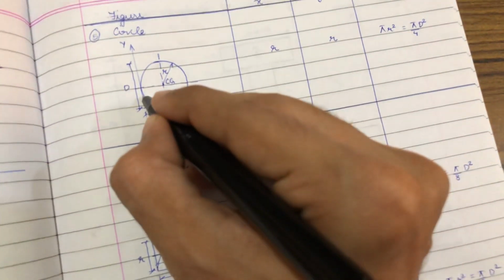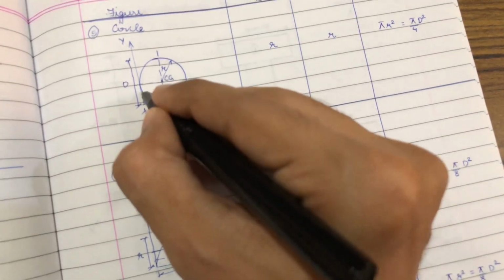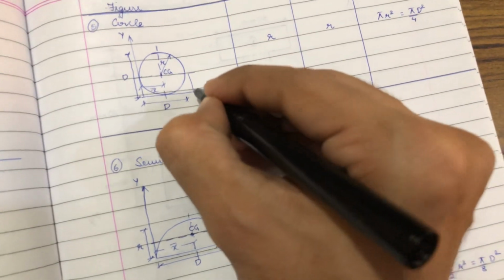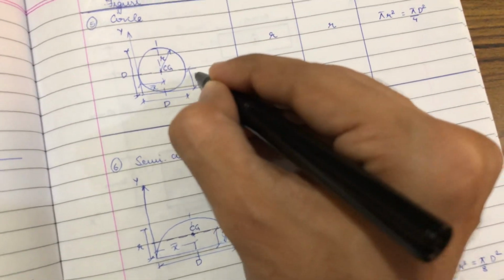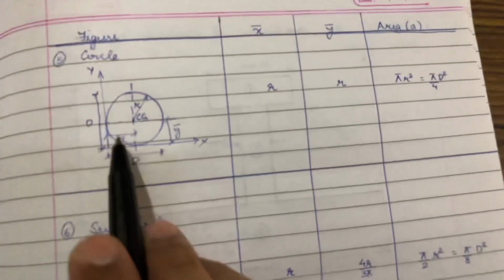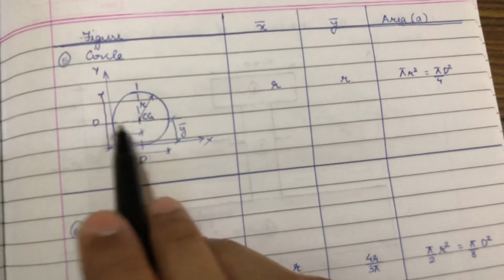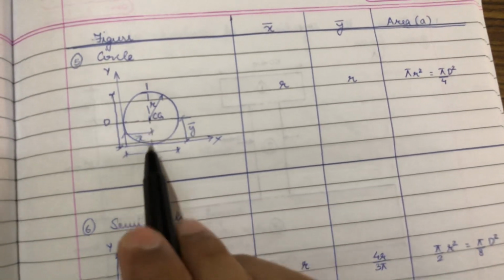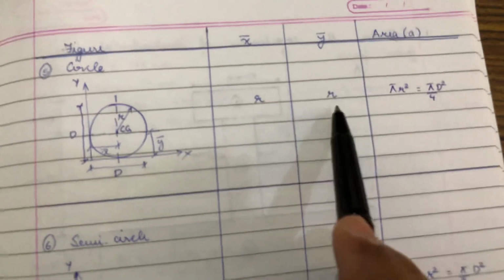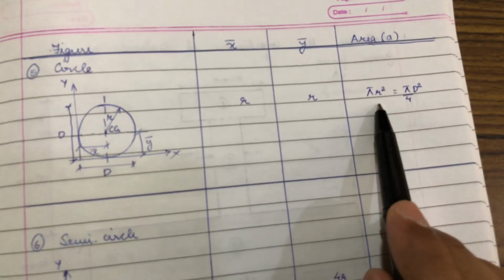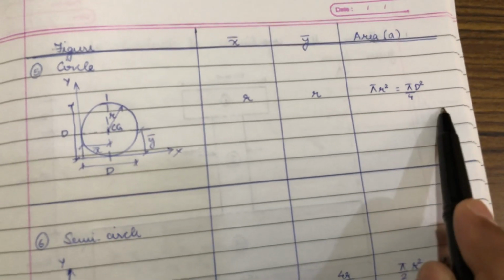So this distance will be x bar and this distance will be y bar. From the figure you can see that x bar is equal to the radius itself and y bar is also equal to the radius itself. So x bar is r and y bar is r, and the area of a circle is given as pi r square or pi by 4 d square.